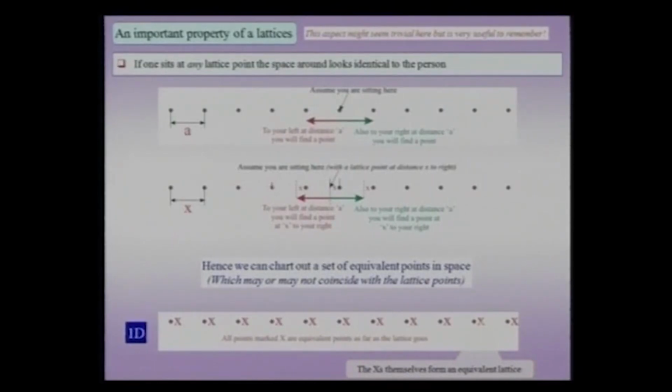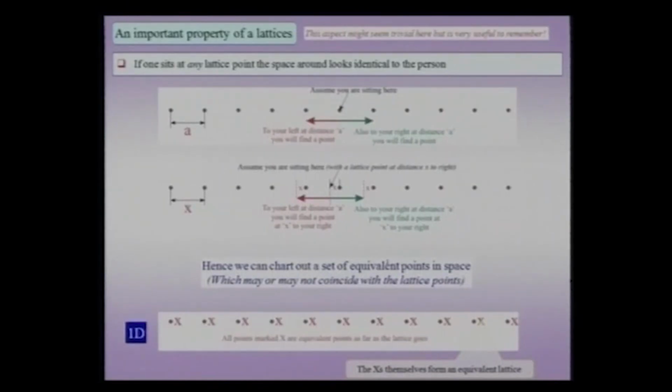In other words, if I sit at this point here, just at a distance x to the left of the lattice point, then all the points at a distance x to the left of the lattice points would form an array of points from where space would look identical. So, this is another way of looking at the same point. We can chart out a set of equivalent points in space which may or may not coincide with the original lattice.